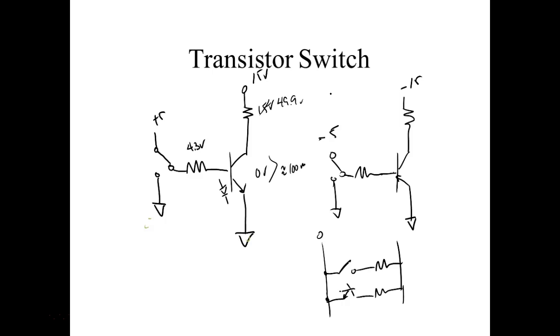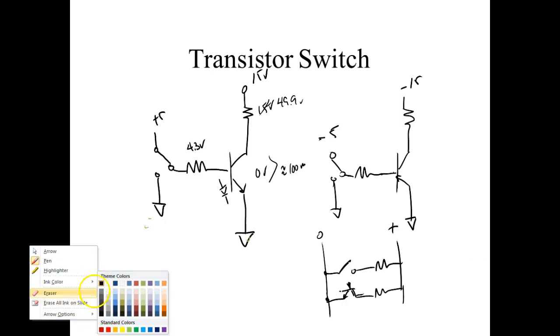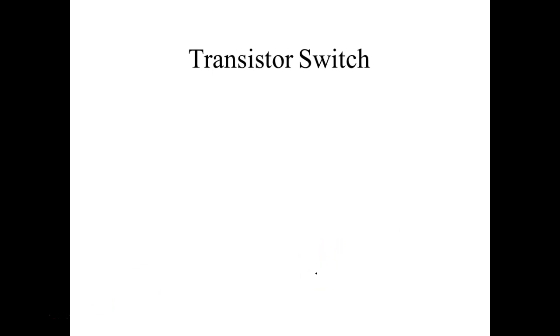But for this to work, I would have to come up here and this would have to be my positive over here. But this would be replacing what? That switch right there in a circuit. So every control device is in there to control a load, right?